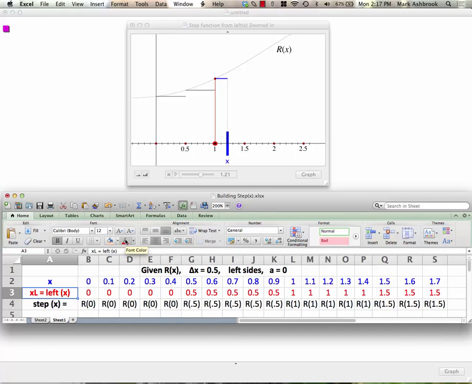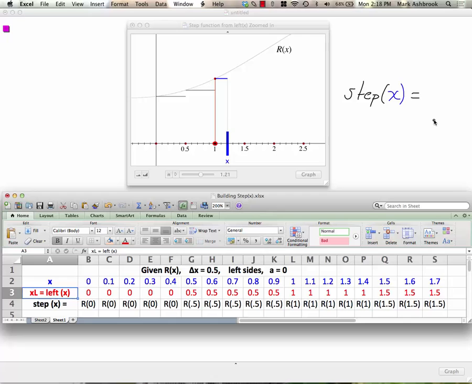So we're ready to write what step is. Here we go. Step. What is step x? What do you do in order to get this value given the current value of x?